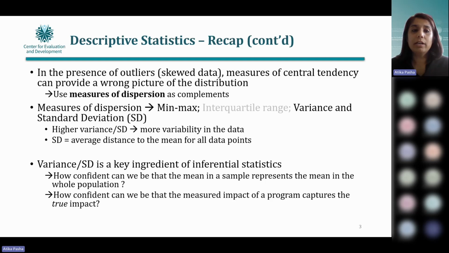And so these are sort of the key ingredients of inferential statistics. This is what we need to assess or be aware of when we do inferential statistics. So there are two questions we will ask ourselves. First, how confident can we be that the mean that we have in our sample actually represents the mean in the whole population?